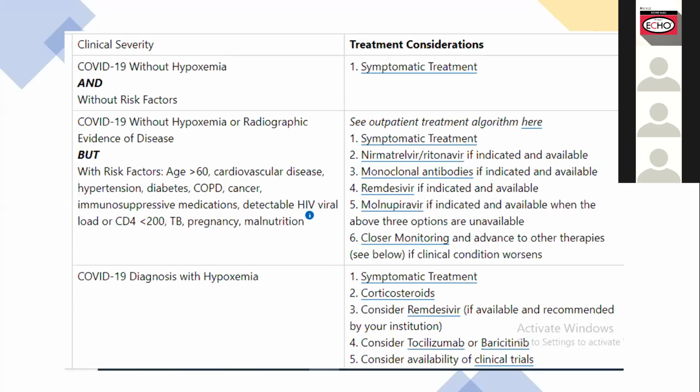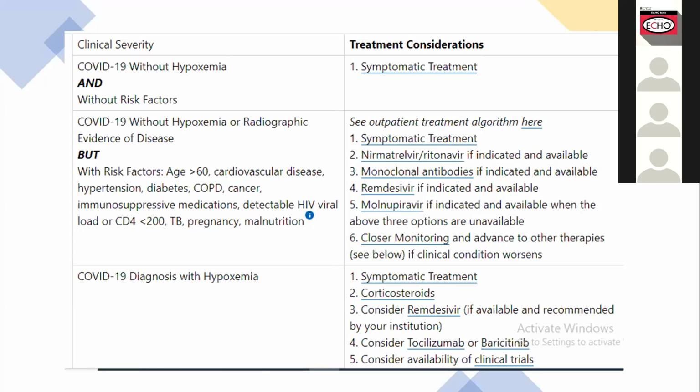Any of the steroids you choose, you have to give for 10 days, as different studies have shown that they decrease the mortality rate at around 28 days. So don't forget to give steroids when the patient is hypoxic.